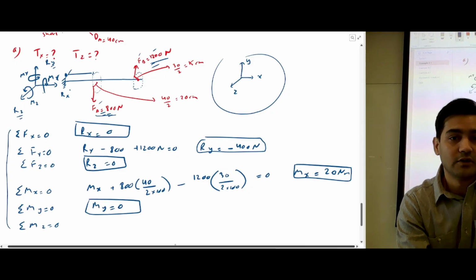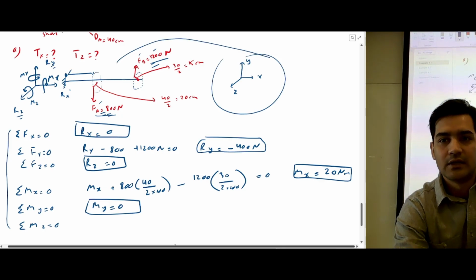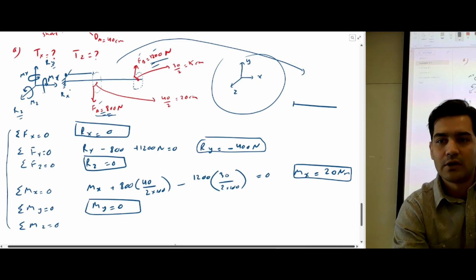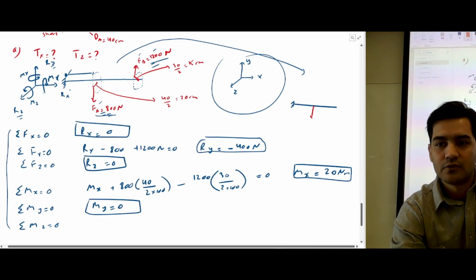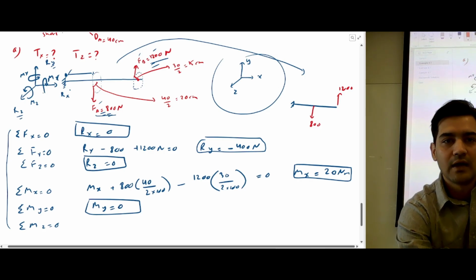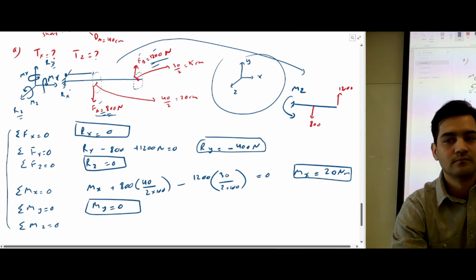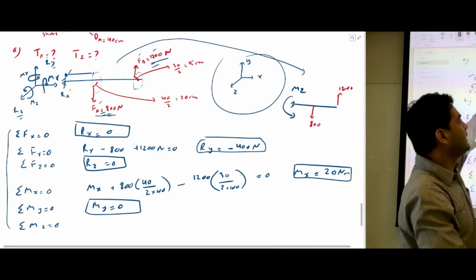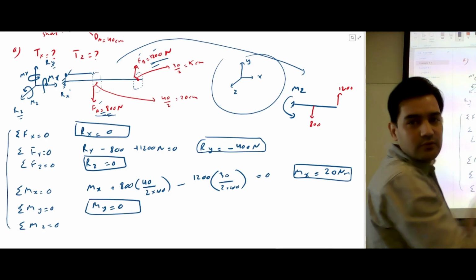If you do summation of moment along z-axis is equal to 0, then let me draw this in a 2D way. If you draw a two-dimensional view, you will get this force which is 800, this force which is 1200, and you have a moment which is M of z. This is a 3D, but if you just look from one axis, you try to make a 2D, this is how it looks.